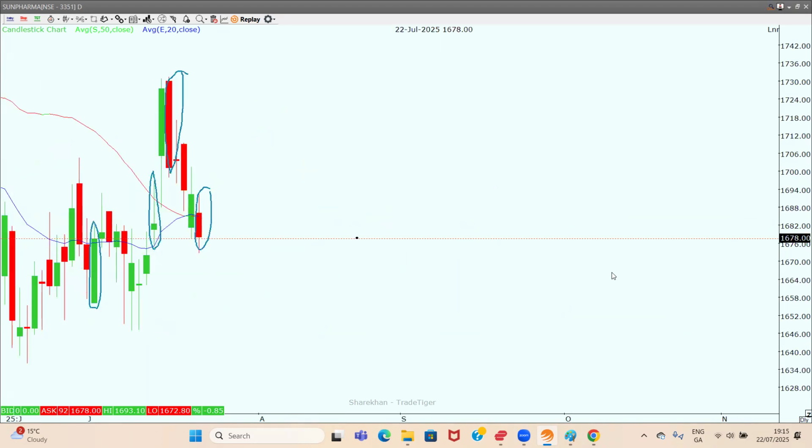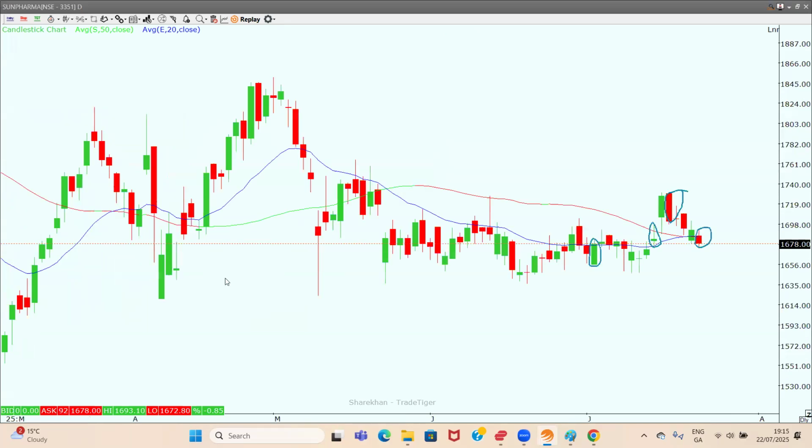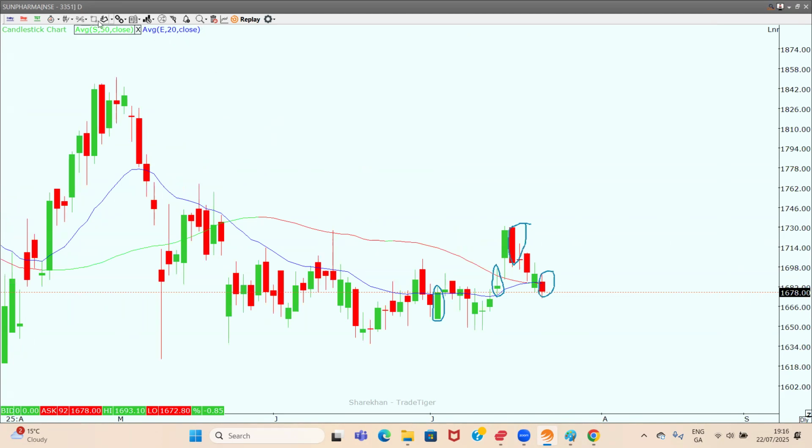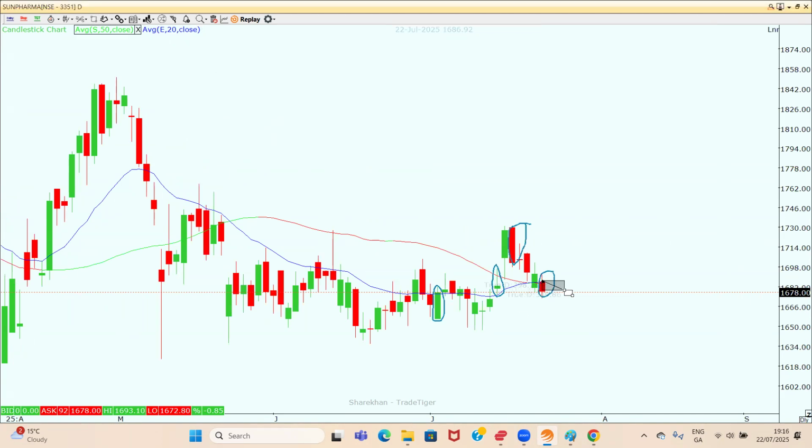It is all about the price movement. Like in this case, if you see, this is what the price movement is.